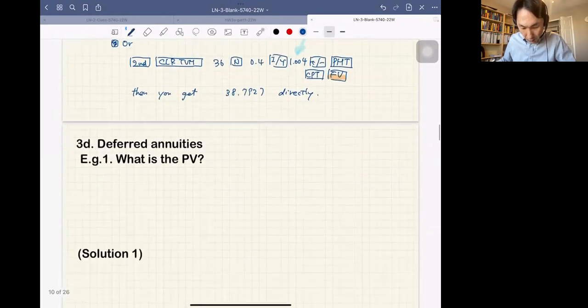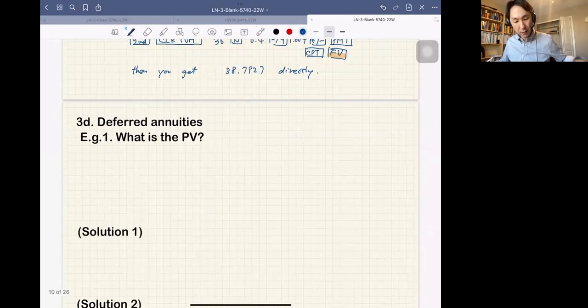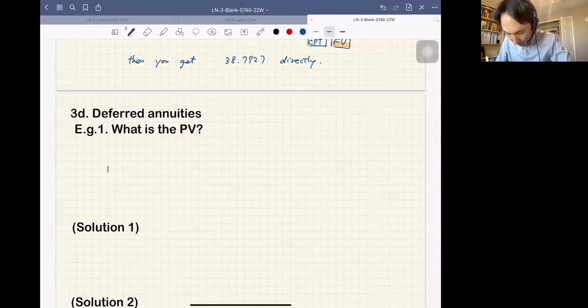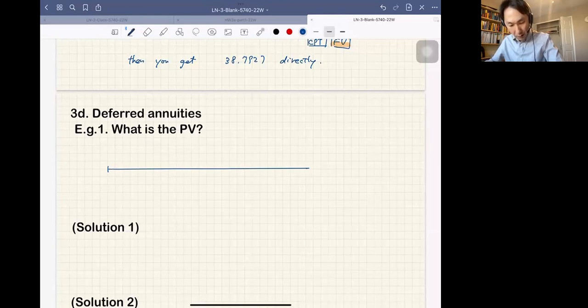Okay, so the deferred annuities. So basically we only have this a-angle and s-angle notation, but we have another way to calculate a deferred annuity. That is, the payment starts later than t equals 1.